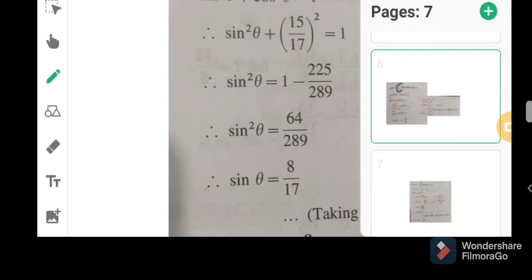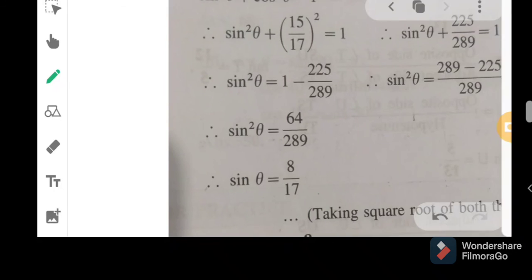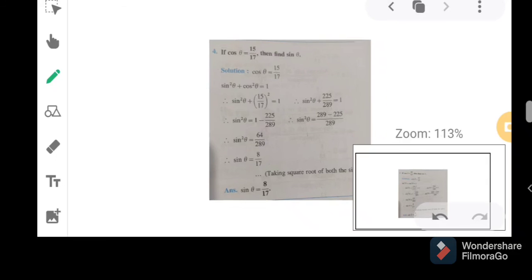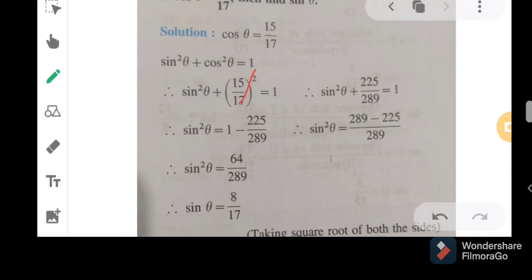Now take the last example of this. This is a similar example. If cos theta equals 15 upon 17, then find sin theta. Sin theta and cos theta are a pair of two ratios. One is given, then the other we find by using the trigonometric identity, sin square theta plus cos square theta equals 1.